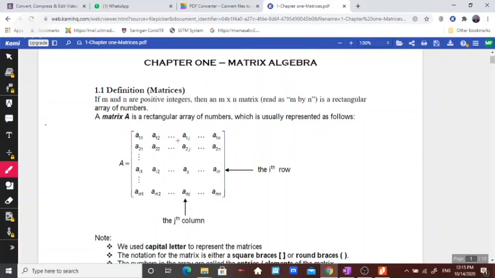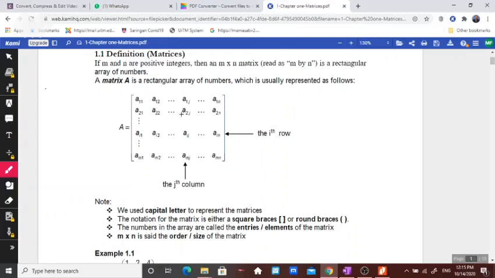The main point is that a matrix is a rectangular array of numbers. So the shape is a rectangle.